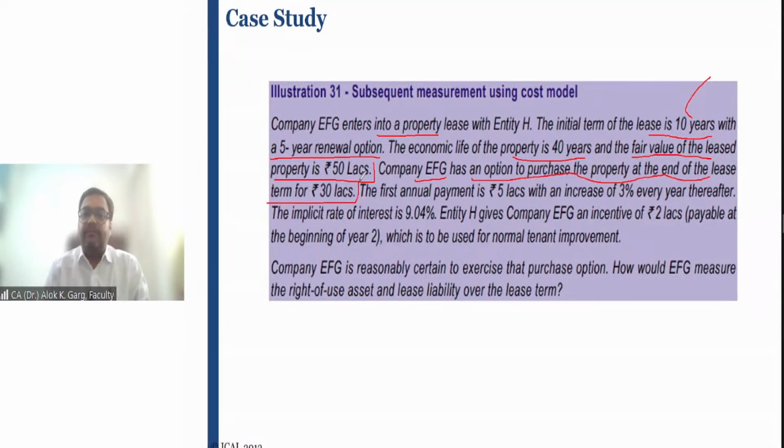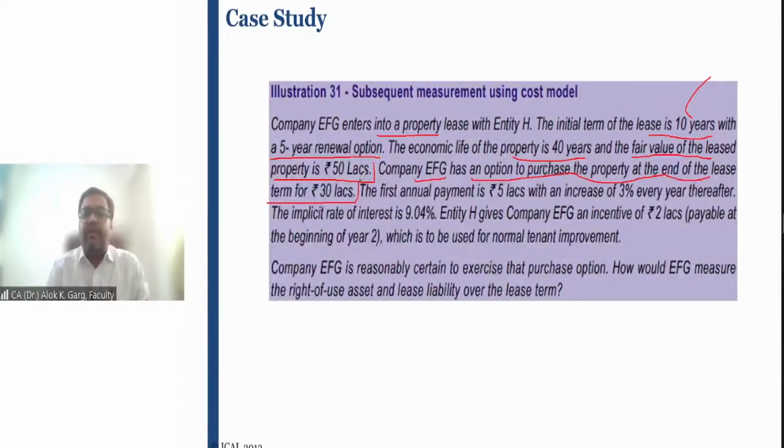So friends, after 10 years, the lessee has an option to purchase the property. The economic life is 40 years, the initial lease term is 10 years, and the lessee has an option to buy this property at 30 lakh.